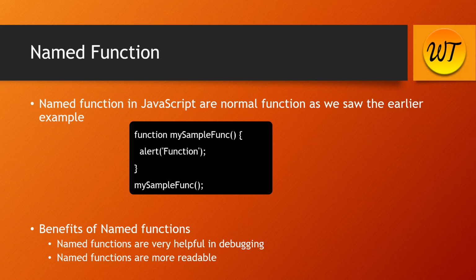Some of the major benefits of named functions: they are very helpful in debugging, in knowing which function caused an error, as you will get the function name in the error log. Named functions are more readable, thus making your code more understandable. Named functions are easier to reuse and thus help us in writing clear code.